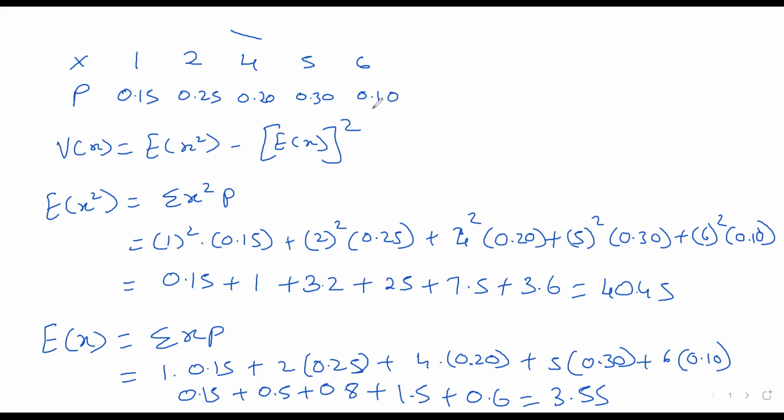Yes, 25 is written wrongly actually. This 25 will not come here, because this is 0.15, this is 1, this is 3.2, this is 7.5 and this is 3.6. I wrote this 25 by mistake, maybe from some other calculation. That is why it was coming wrong. Sorry, it's my mistake.